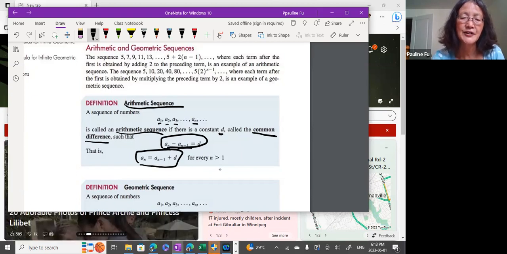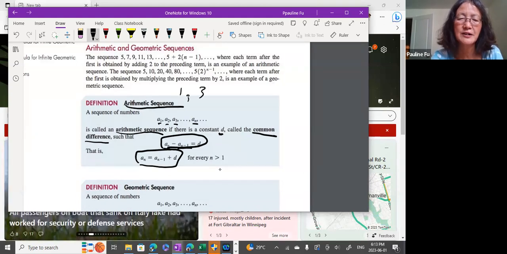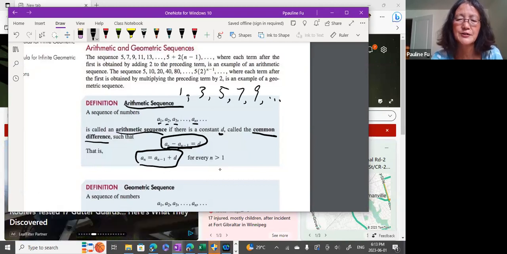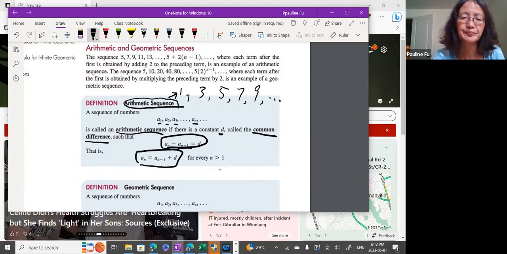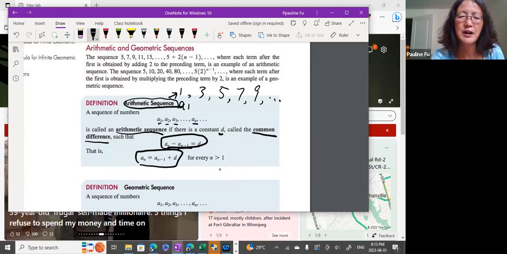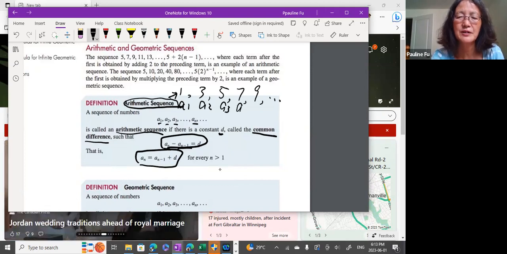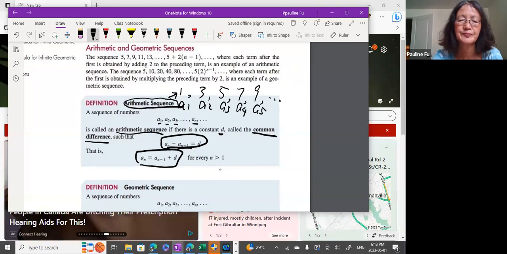So for example, 1, 3, 5, 7, 9, etc. This is an example of an arithmetic sequence. In this sequence, A1 is 1, A2 is 3, A3 is 5, A4 is 7, A5 is 9.